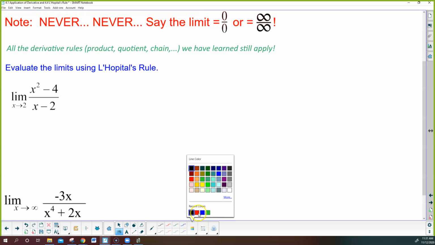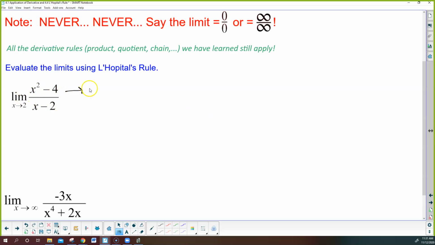I don't want to show a ton of work here, so I'm not going to write out step 1, do this, step 2, do this, because it's kind of the same. But please pay special attention to how we do this. I need to check the limit of the numerator by itself. Notice I didn't put equals here. I just drew a line, saying we're going to check the limit of the numerator.